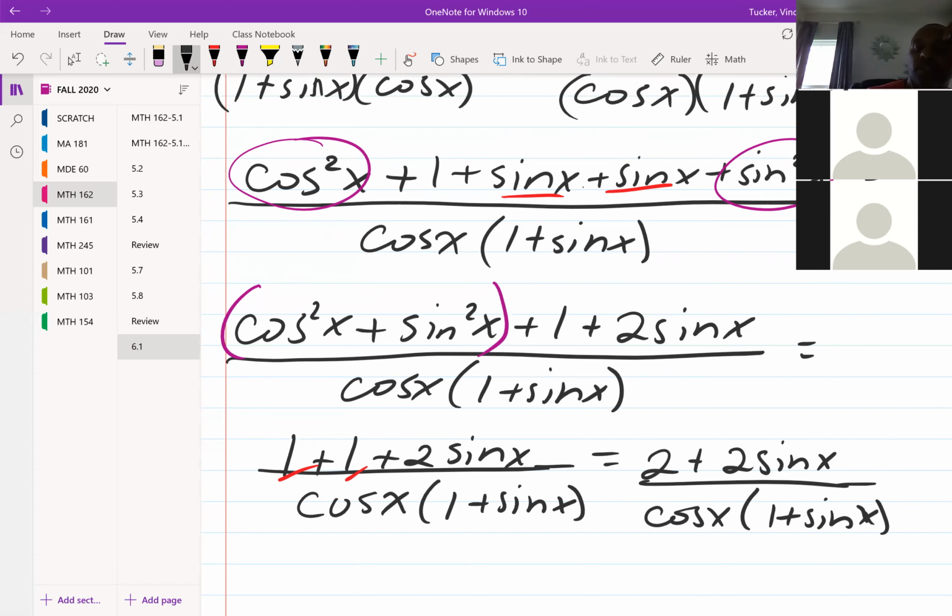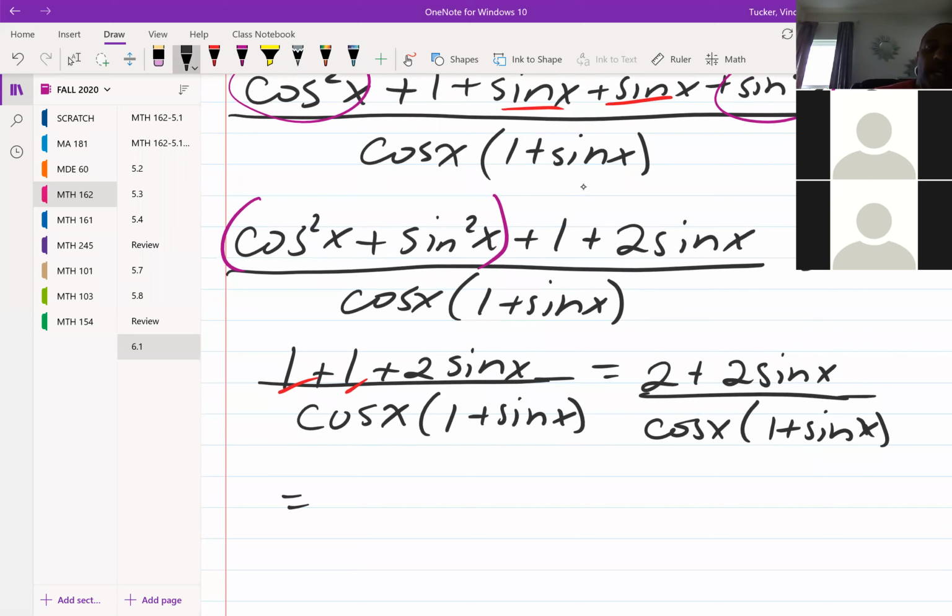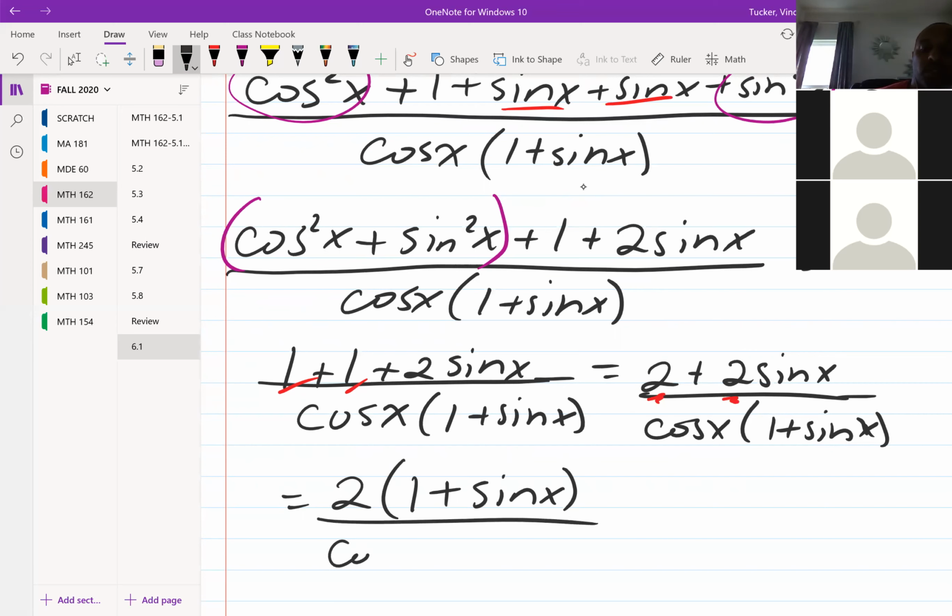Also, if I look at what I have, I can factor out 2 from that numerator. And what I would be left with is 1 plus sine x. Now the quantities of 1 plus sine x can cancel for us.